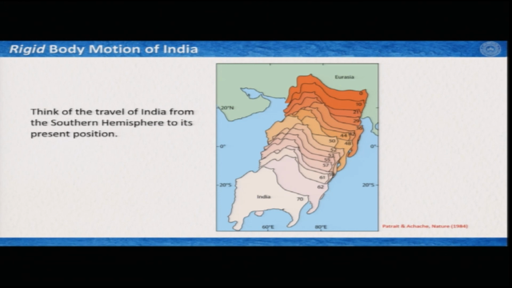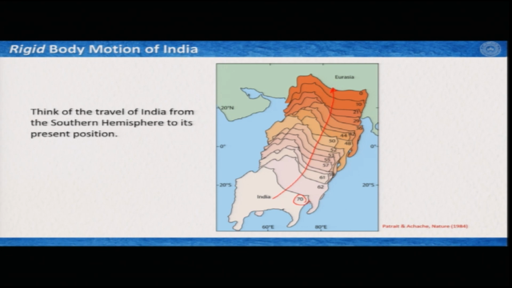So, the Indian plate was initially positioned 70 million years ago somehow like this, in the southern hemisphere. With time it moved this way here. If you consider the Indian plate was rigid, one can explain its movement through rigid body rotation and rigid body translation. It is a very simple example.